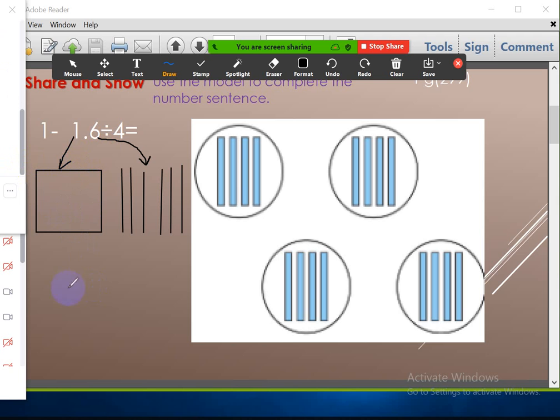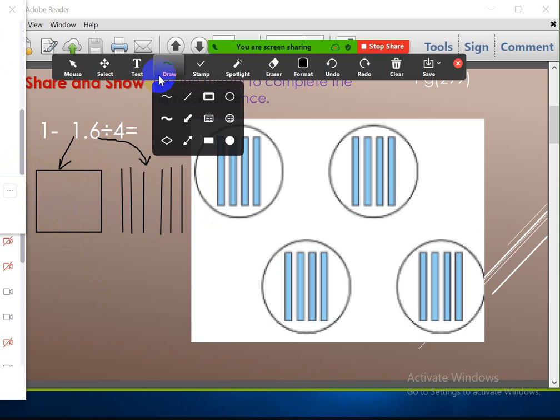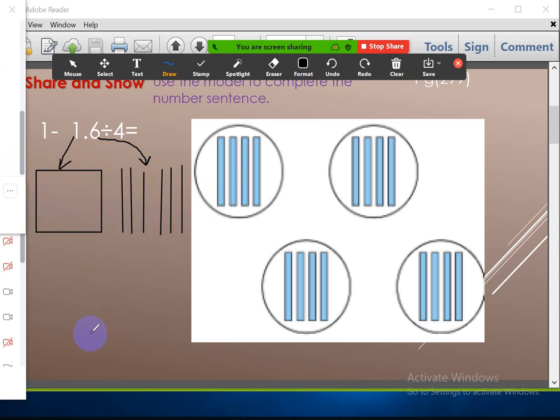I have to break the flat into 10 longs. You know that each flat consists of 10 longs. So 1, 2, 3, 4, 5, 6, 7, 8, 9, 10.